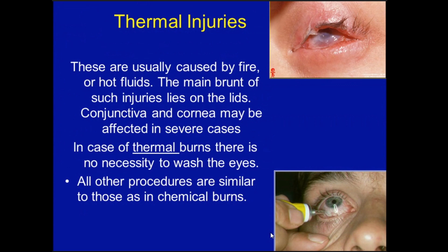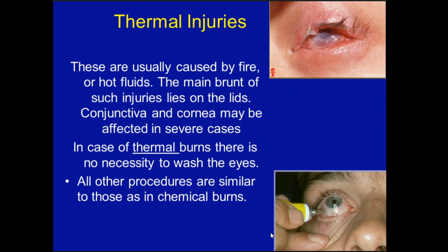Usually the first aid is the same as in the case of chemical burns, but it is not necessary to wash the eye for so long. I think it's necessary to wash just to decrease the temperature.